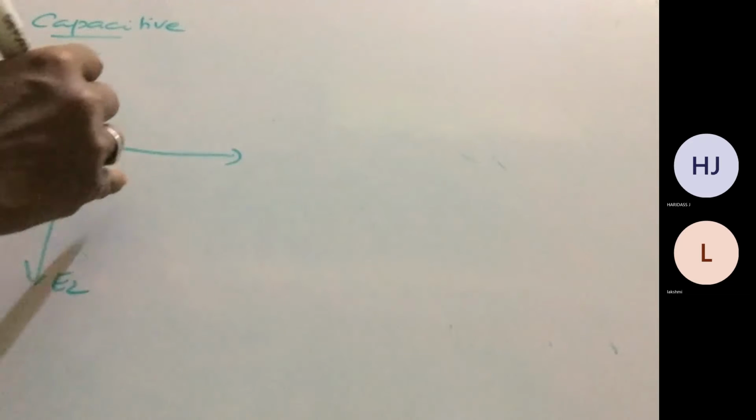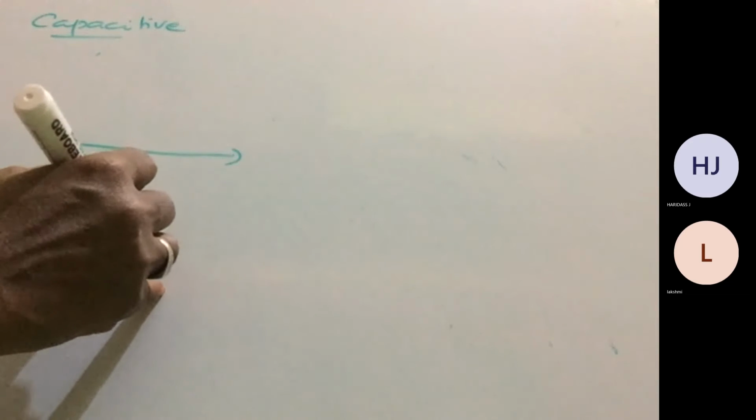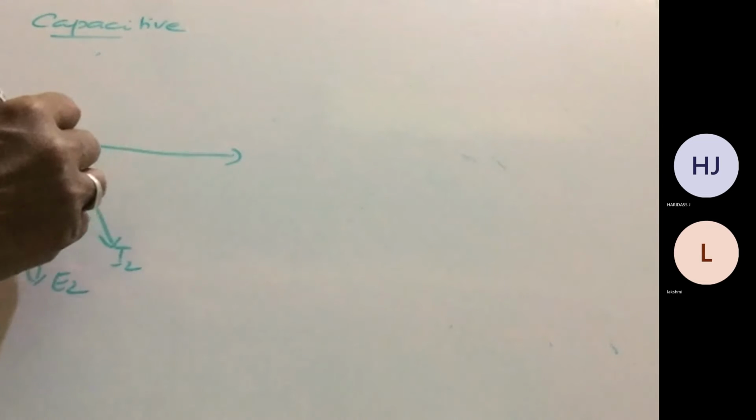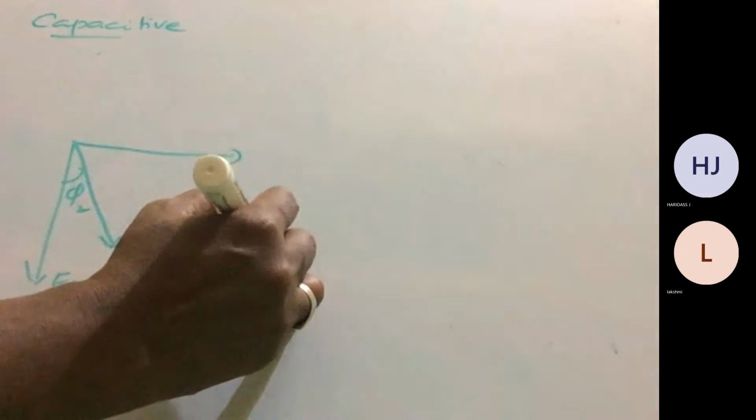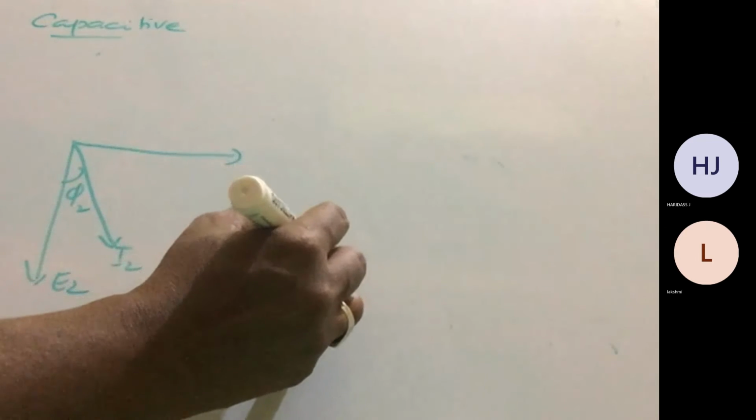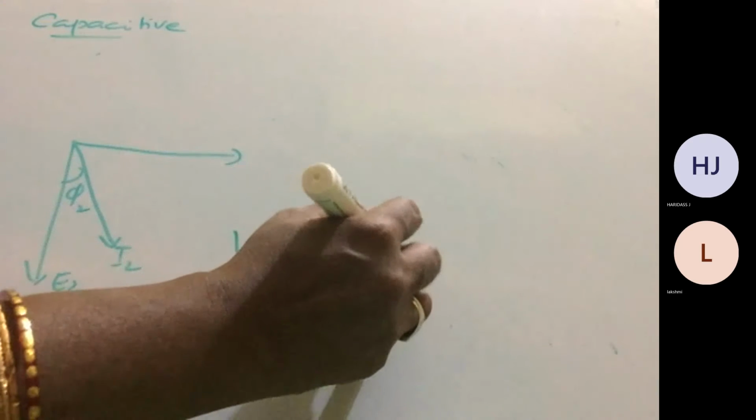Now, if it is capacitive, I is the reference. E2 is the induced EMF in the secondary. It leads by an angle phi 2. So V2 equals E2 minus I2 R2. How do you draw I2 R2?